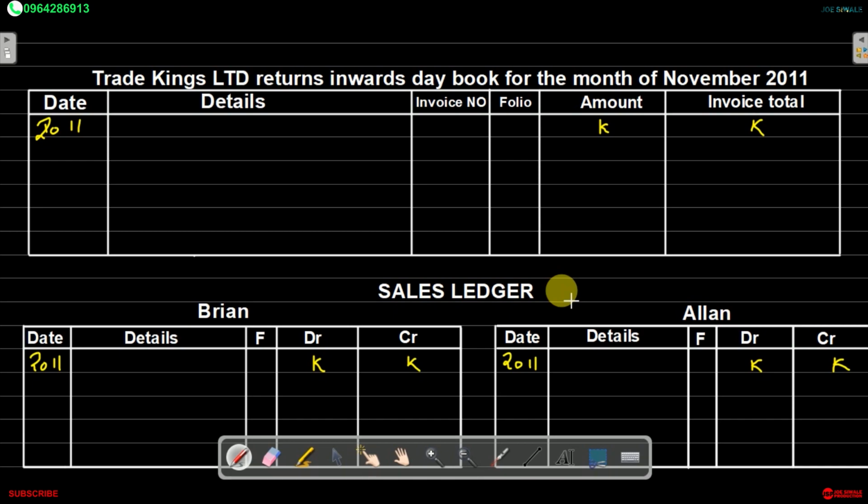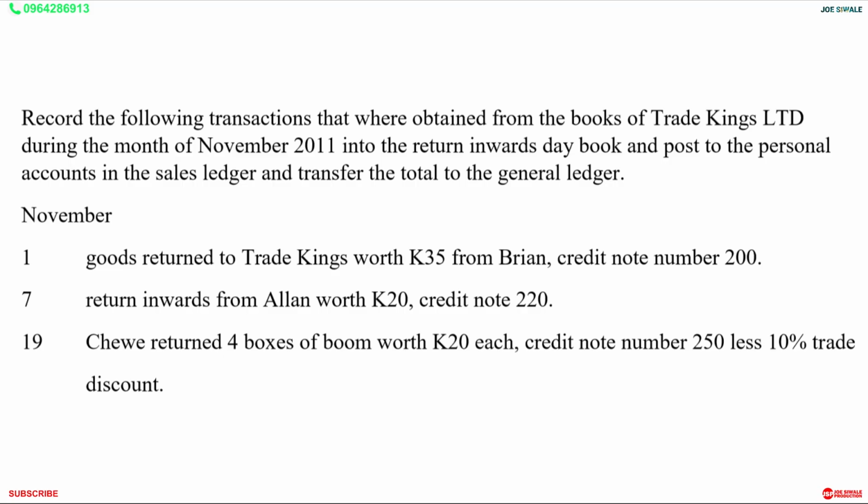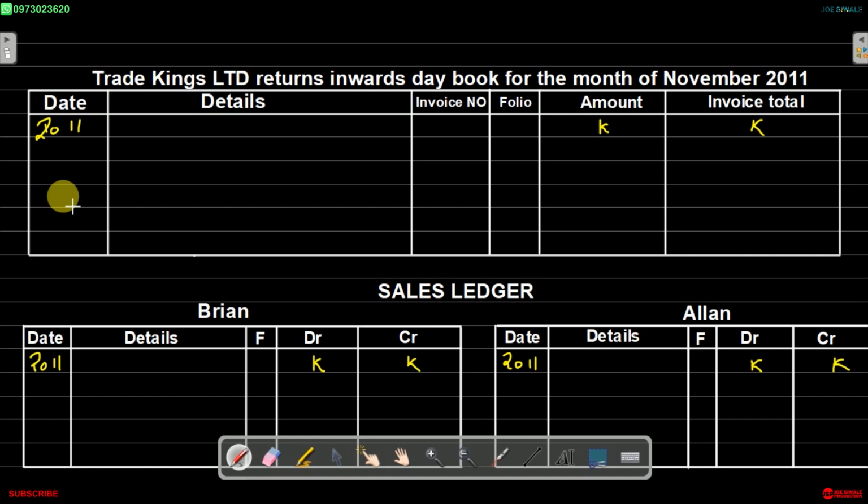So we'll start with the first transaction. The first transaction reads goods returned to Trade Kings worth 35 kwacha from Brian, credit note number 200. So that transaction occurred on the 1st of November. So say 1st of November, and we know that our customer is Brian, so we'll say Brian in the details column.